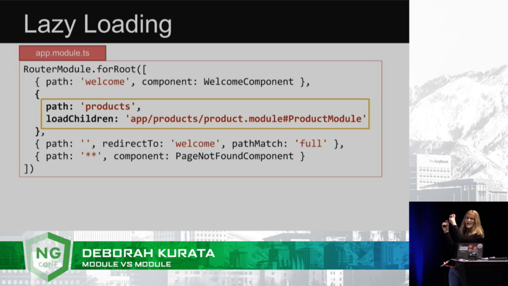So this is that path that we had. We move it from our feature module and add it into a module that is already loaded. So here it would be our app module. And then we specify loadChildren, giving it the full path to our module, a hash, and the name of the module class. We exported class ProductModule, so that's what we put there, ProductModule.